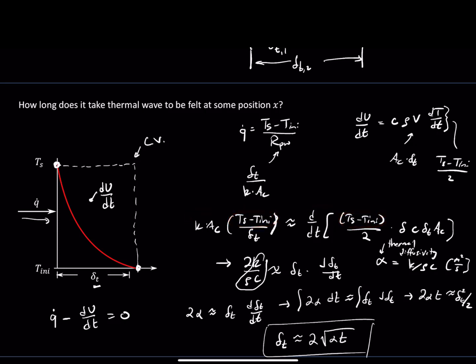So it turns out that the depth of that thermal wave does not depend on temperature, which is really surprising, right? You'd think that if I really ramped up the temperature on the wall, it would shorten the amount of time it takes for the thermal wave to reach the center. That's not the case. The depth is purely a function of properties of the material, like conductivity, density, and specific heat.